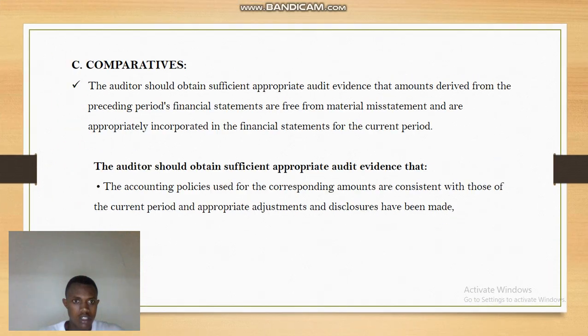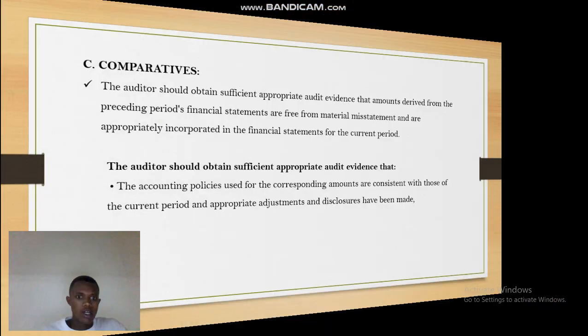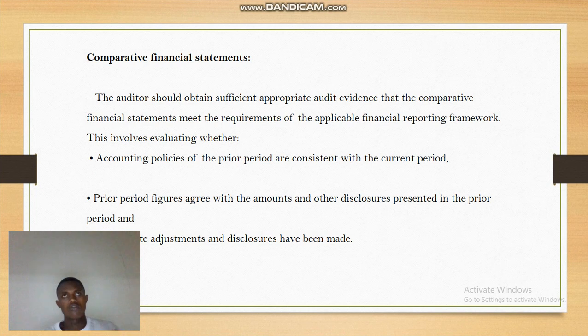So this is a continuation of chapter 8 about audit evaluation and review. We're just reaching the point about the comparative. When we say comparative, we are trying to compare two things.